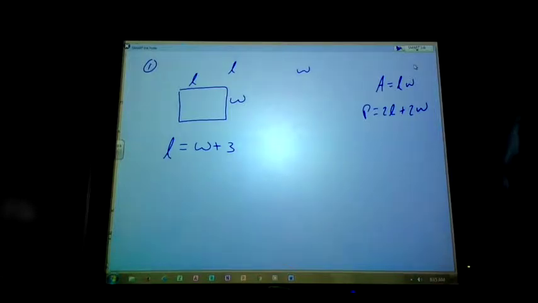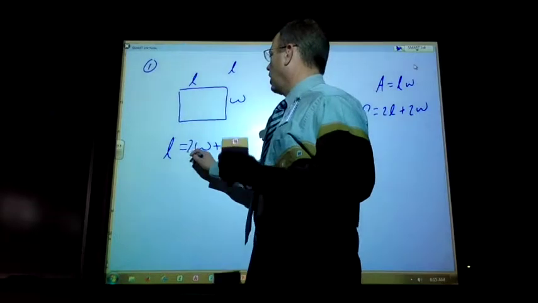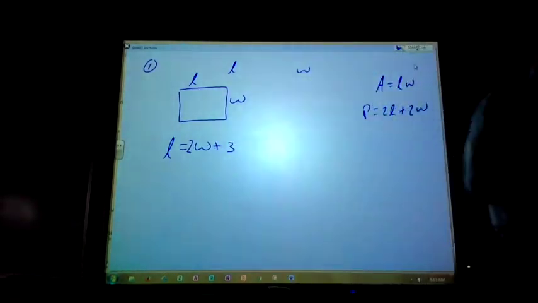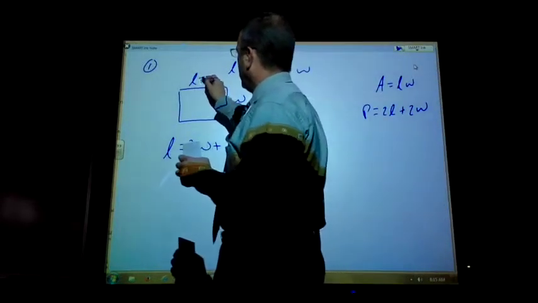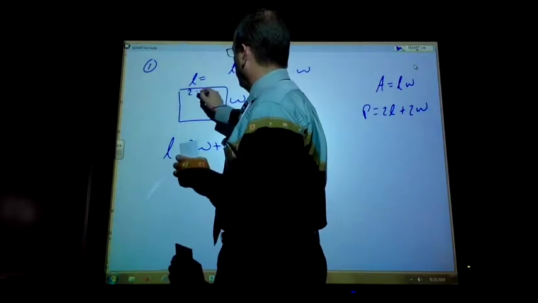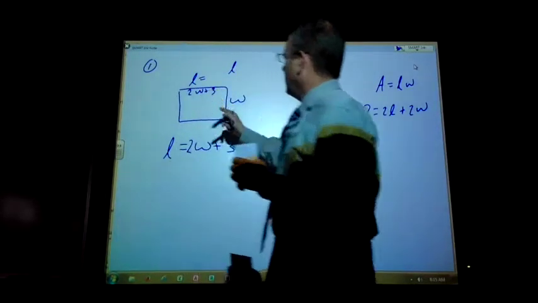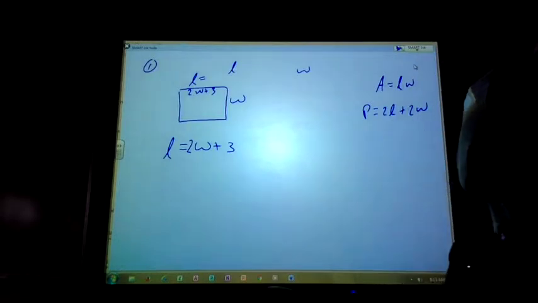What's the last thing I should put? 2 in front of the W. So we're going to double the width and add 3 to it. Okay? So here's the nice thing. I know that the length is the same thing as 2W plus 3. And then I know I have W here. Okay? What other information is this problem going to give us?